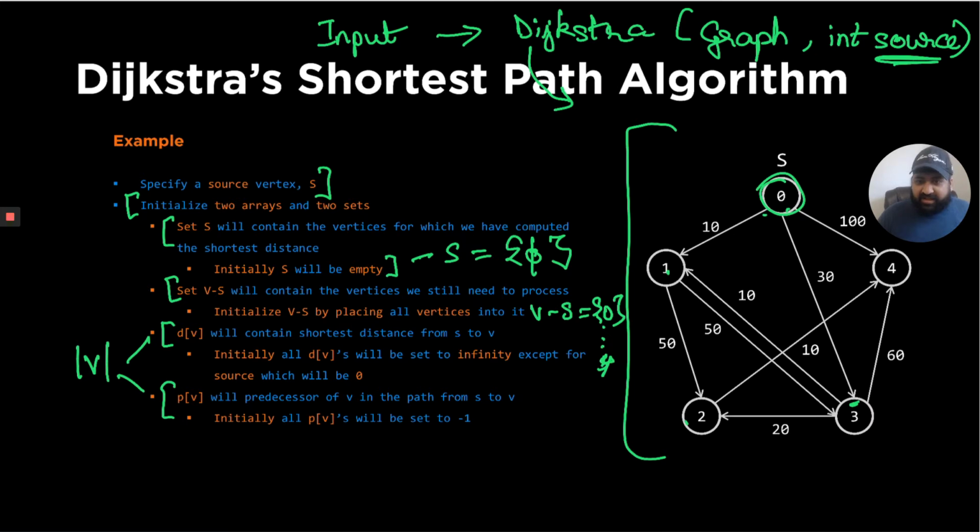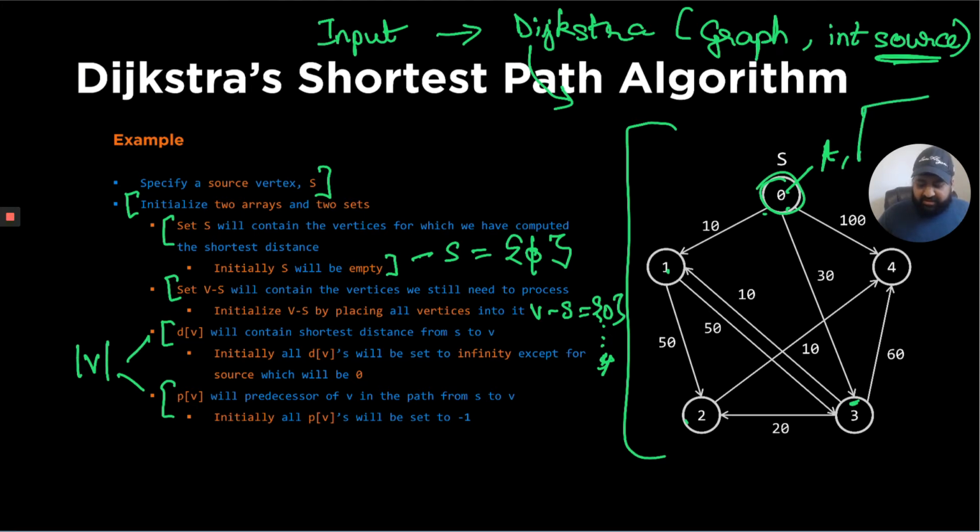But in reality, it could be any label, like A, B, a string, or any object. If that's the case, you might need another data structure to keep track of the mapping of each of the vertex labels to an integer, because DV and PV are calculated based on that, so it will be easier to map those in that case.